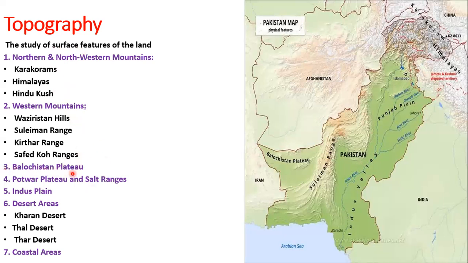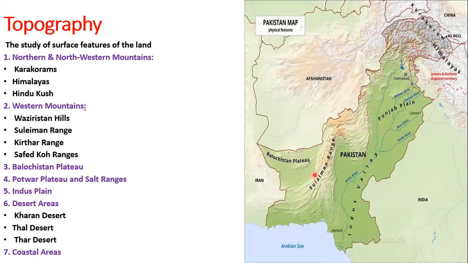Balochistan Plateau. A plateau is an area of low and high, average mountain where the land is not proper, rather it is bumpy and undulated, with cuts and rises. So this uneven land is called a plateau.